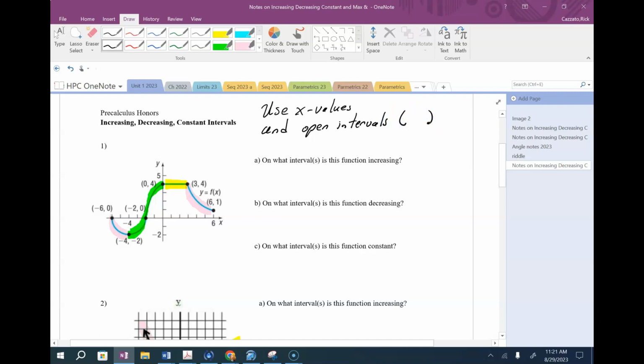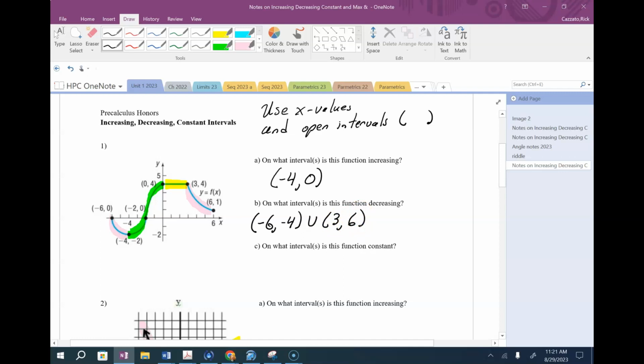So if we look at number 1, the graph is increasing in the green section. So the x value is -4, and then it goes to 0. The function is decreasing in the pink section, so we're going to use the x value. So -6 to -4, union 3 to 6.